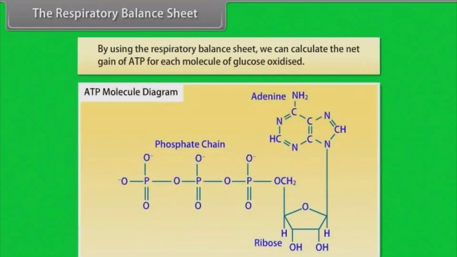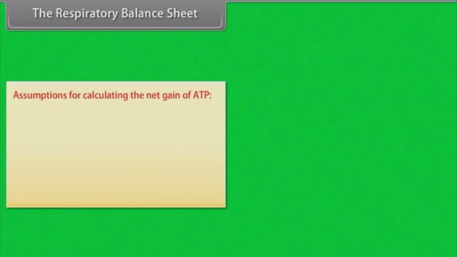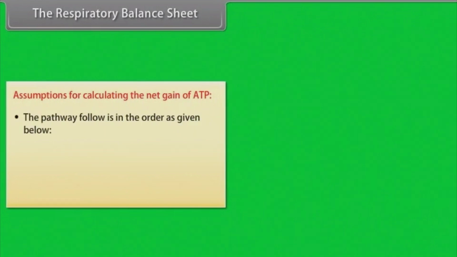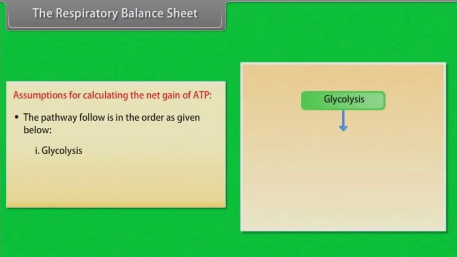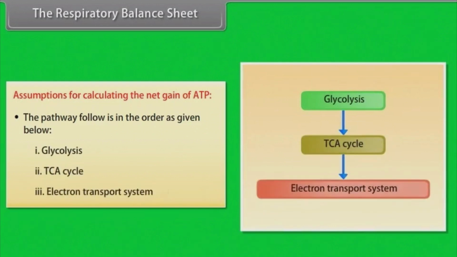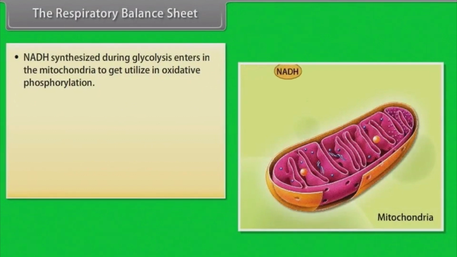The respiratory balance sheet. By using the respiratory balance sheet, we can calculate the net gain of ATP for each molecule of glucose oxidized. Assumptions for calculating the net gain of ATP: The pathway followed is in the order as given below: glycolysis, TCA cycle, and electron transport system. NADH synthesized during glycolysis enters the mitochondria to get utilized in oxidative phosphorylation.